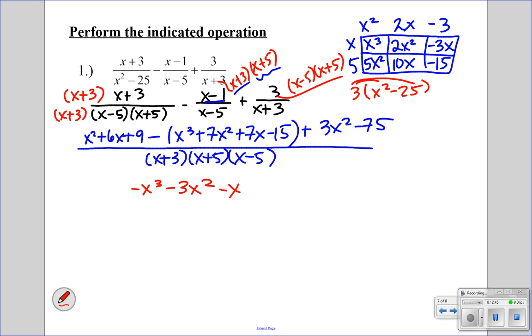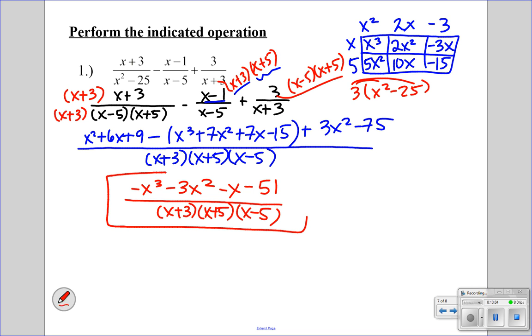And our very last one is 9 minus a negative 15 minus 75, which leaves us with a negative 51. That's right. And this is all going to be over x plus 3, x plus 5, and an x minus 5. And the top one is unfactorable, so now we are finished.